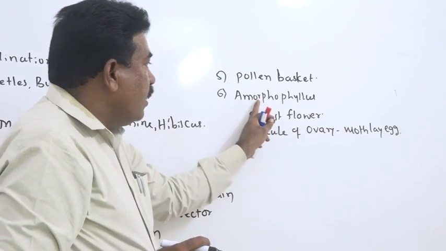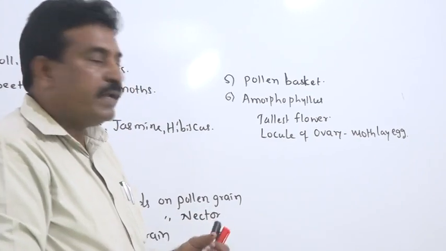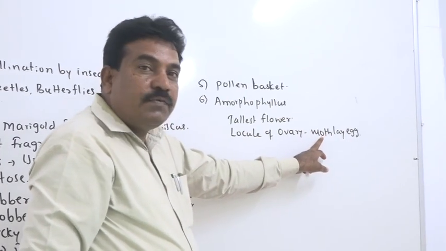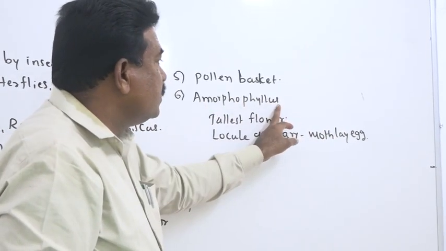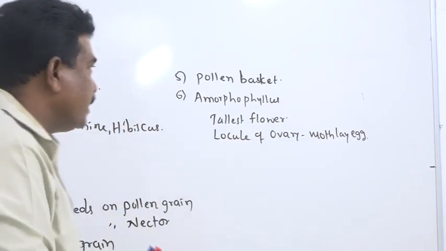As a result, Amorphophallus and moth lead a mutualism mode of life. That means the moth gets shelter for its development, whereas Amorphophallus is pollinated by the moth. In such a way, pollination takes place.